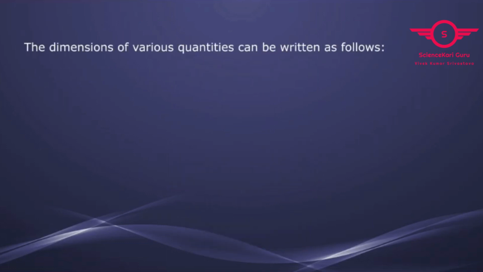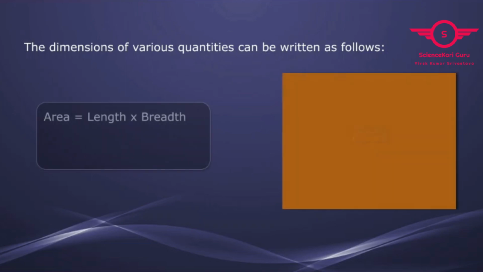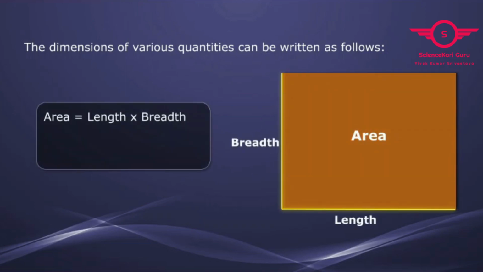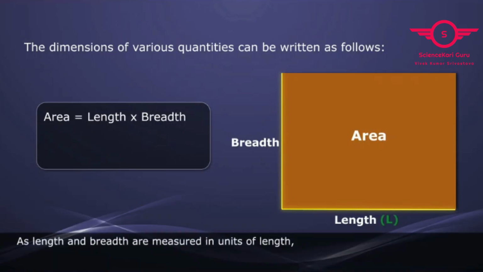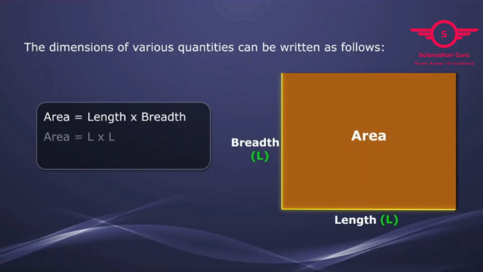The dimensions of various quantities can be written as follows. Area is equal to length into breadth. As length and breadth are measured in units of length, area is equal to L into L. Therefore, the dimension formula of area is L squared.